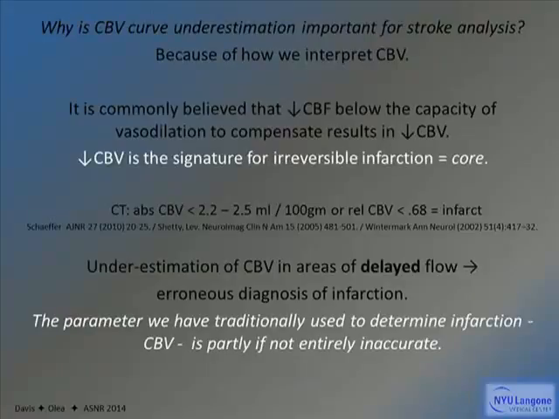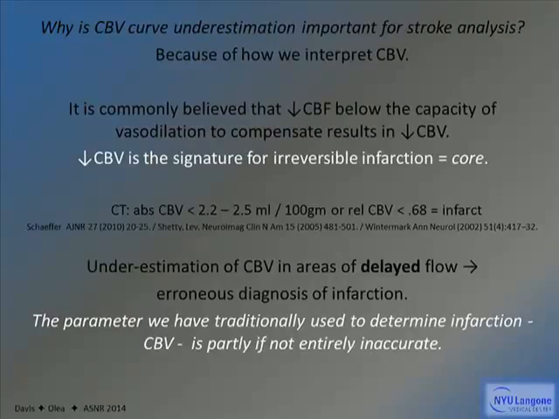So why is that important to us? The reason is because of how we interpret CBV. We commonly believe that as cerebral blood flow falls off, and the capacity of vasodilatation to compensate for that becomes inadequate, that cerebral blood volume falls off. And what we have come to believe is that decreased cerebral blood volume is the signature for irreversible infarction.